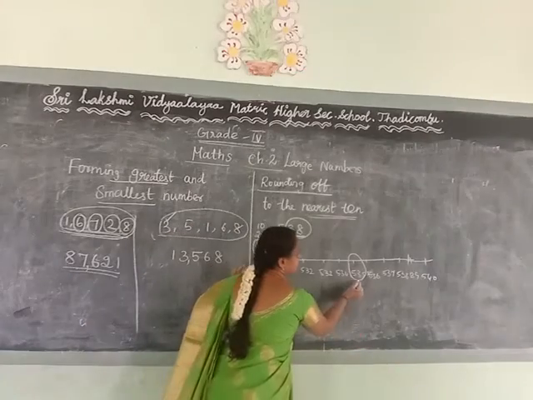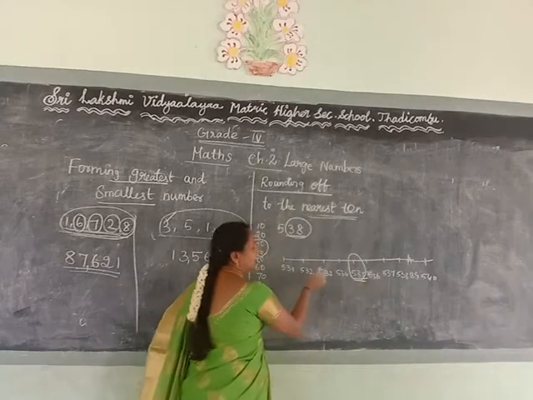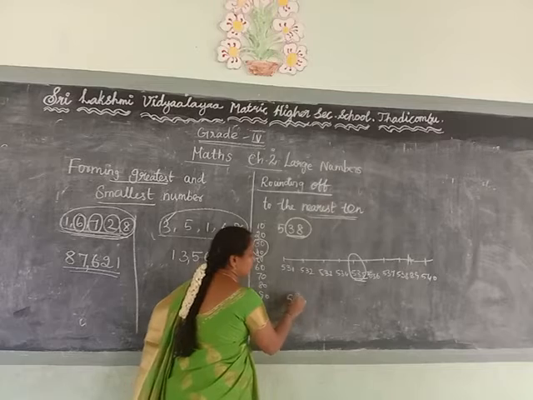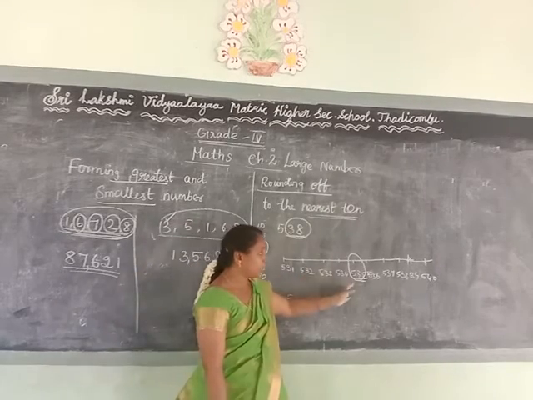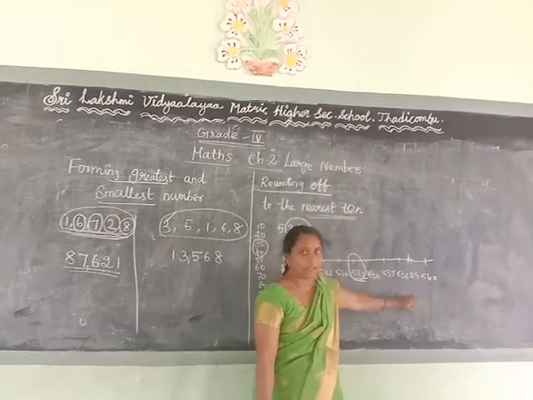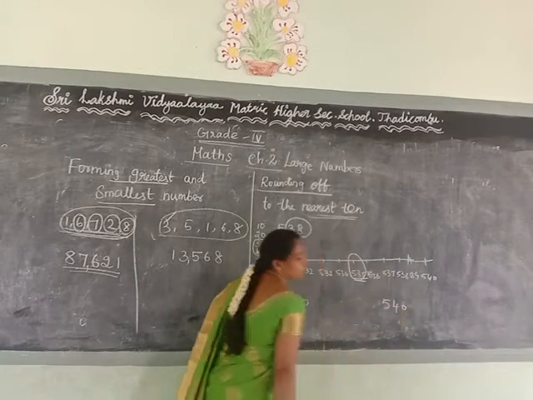So if it is less than 5, we say the number is rounded to the nearest ten, that is 530. If the given number is more than 5, if it is a big number, we should round to the next number, that is 540.